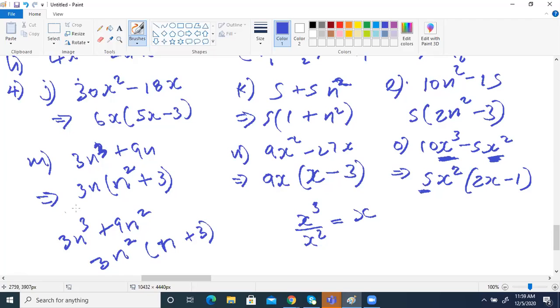The highest common factor for the variables would be n square, then the number 3, and you get 3n squared times n plus 3. You can add that to the list.